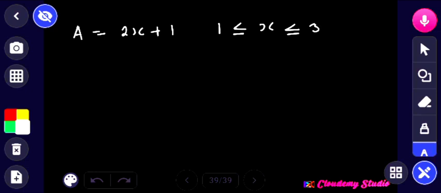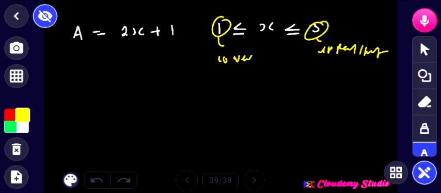How do you do that? You see, this one is the lower limit, and this one here is the upper limit, which means I'm going to write it as 3, the upper limit, and 1, the lower limit. Then I'm integrating 2x plus 1 dx.